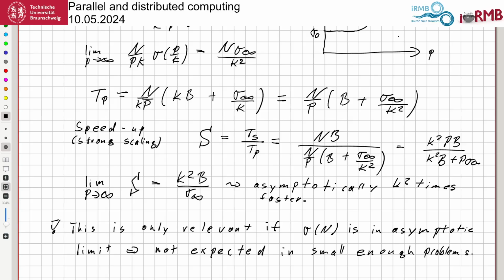So usually, if you don't have a very, very large number of workers, slaves, then the master has enough time to take care of their slaves, yeah, and therefore you'll not go into this asymptotic limit, and therefore this may not be relevant as of yet.